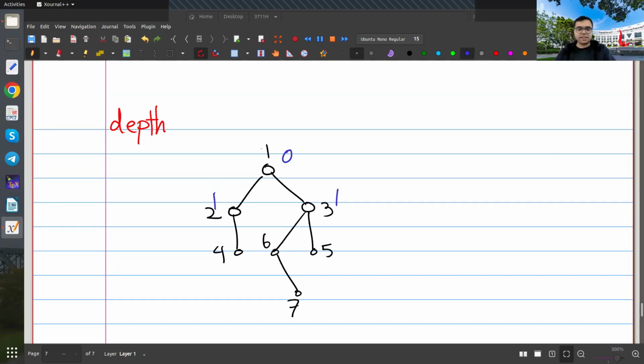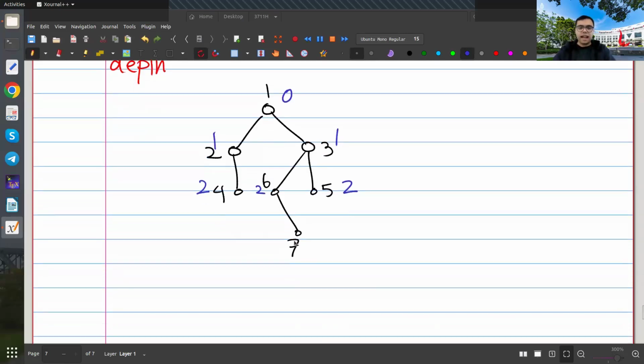But the parent has a distance of 1, so this one is going to have a distance of 2 to the root. Similarly, this one has a distance of 2, this one has a distance of 2. And 7, again, if I start from 7, I want to get to the root, I have to first go to the parent of 7. But I know that from the parent of 7, it takes 2 steps to get to the root. So from 7, it's going to take 3 steps to get to the root.